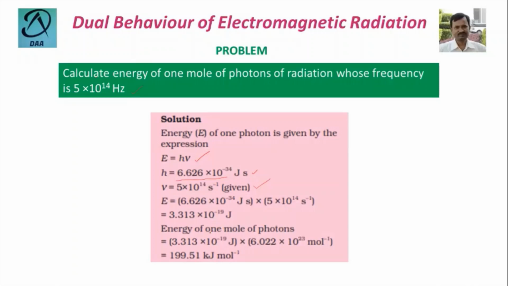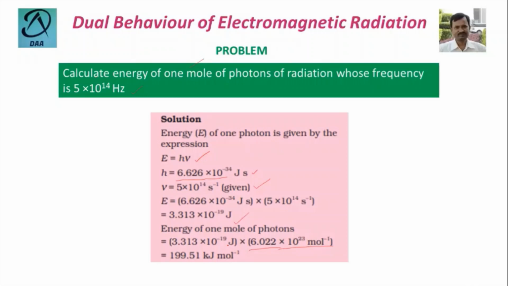So if we consider the energy of photons for 1 mole, because here we have to calculate the energy of 1 mole of photons, then we have to multiply it with the Avogadro number. Avogadro number is 6.022 multiplied by 10 to the 23 per mole. We also have to always remember the Avogadro number for this calculation.